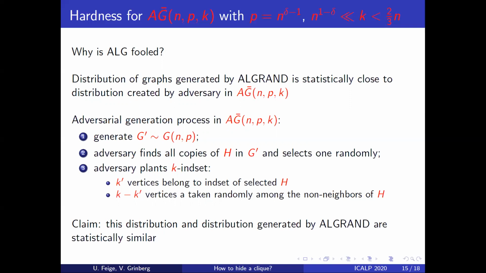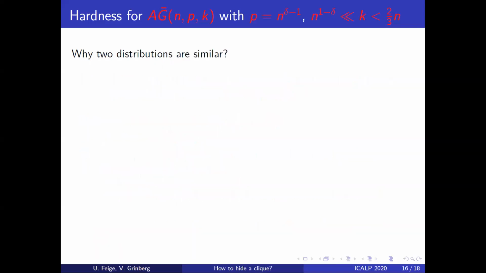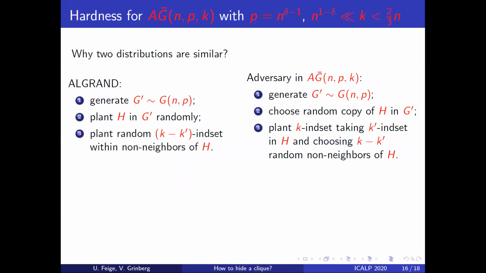We claim that the resulting distribution and the distribution generated by ALGORAND are statistically similar. Why are the two distributions statistically similar? Let's compare the two graph generation processes of ALGORAND and of the adversary respectively.